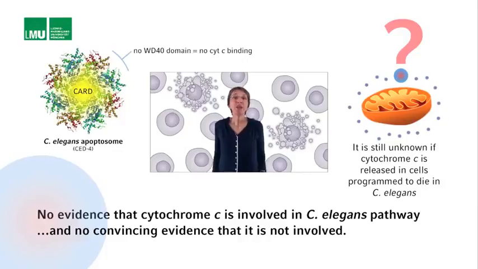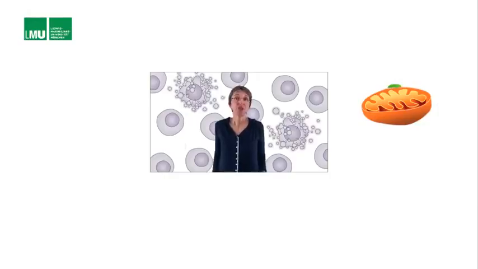While it is still unclear whether cytochrome C is released from the intermembrane space in C. elegans, there is some evidence that another pro-apoptotic factor might be released. This factor is the C. elegans homologue of AIF, the apoptosis-inducing factor.